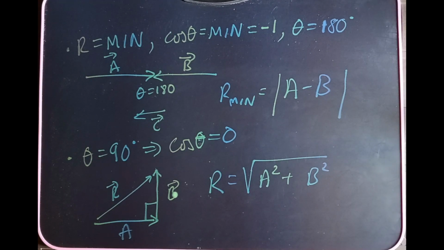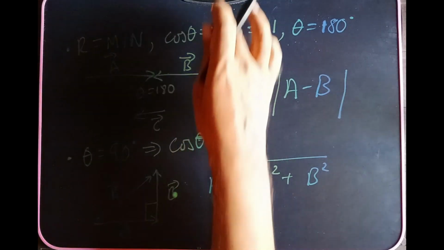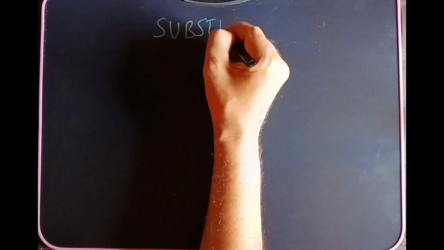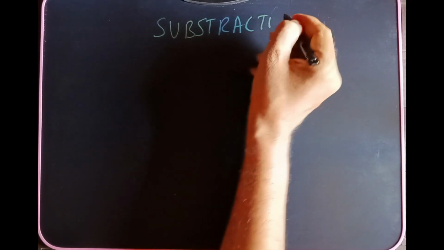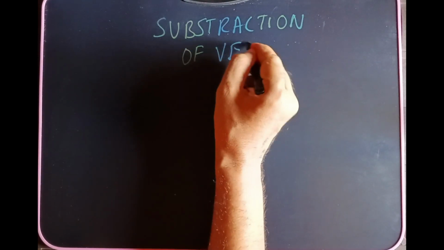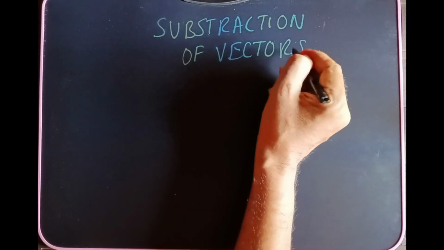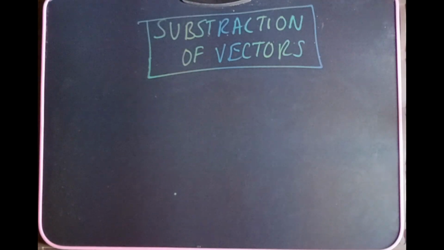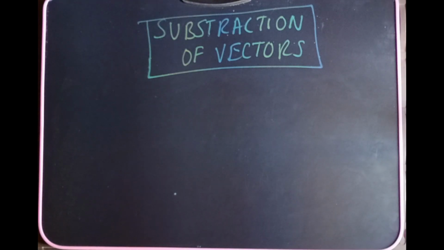So now let us see subtraction of vectors. Okay, I will clear this. These were some of the cases for vector addition. Now we will see subtraction of vectors. What is subtraction of vectors?